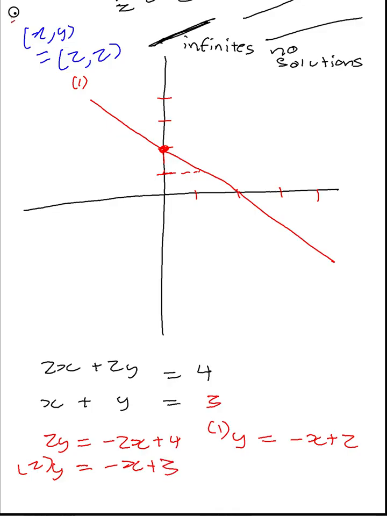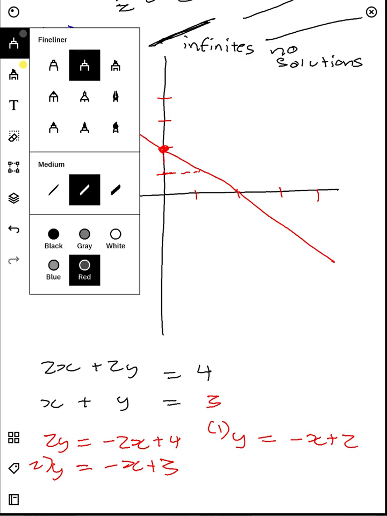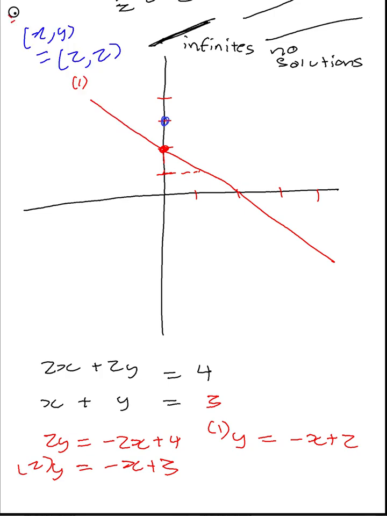Let me change color to blue. We have our y-intercept up there, and then you can graph that line, same slope, and you will notice that there's always going to be some distance between the two lines, so they never touch, meaning that there's never going to be a solution.